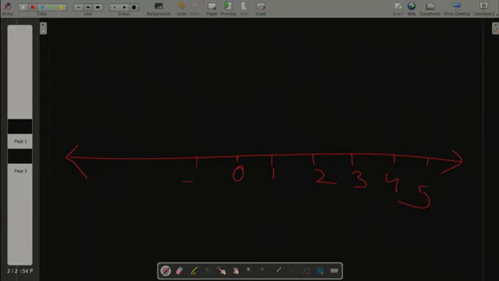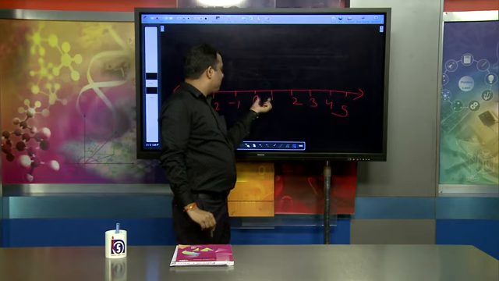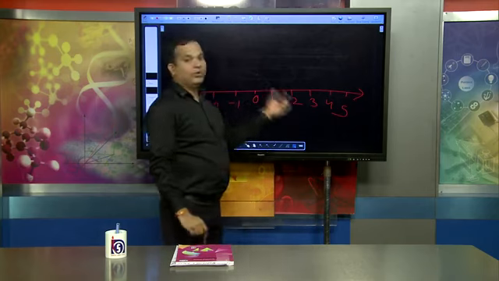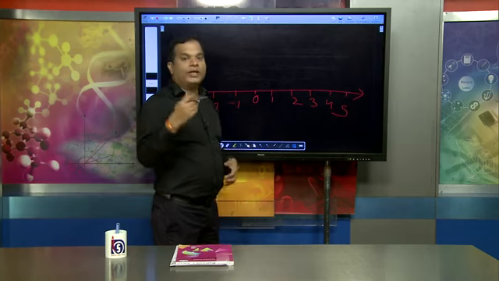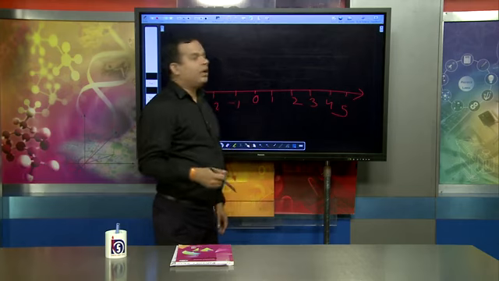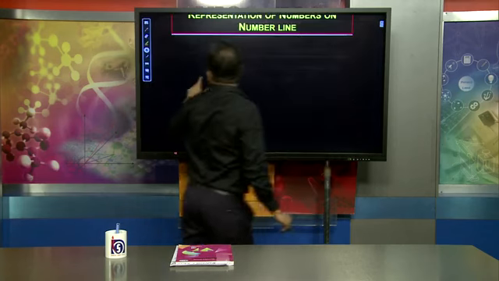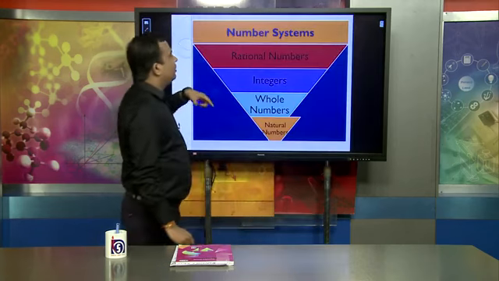This will be -1, -2, -3, -4 and -5. So on a number line, we can represent whole numbers, integers, rational numbers, and also irrational numbers. A very important thing is that we can represent any number on the number line.